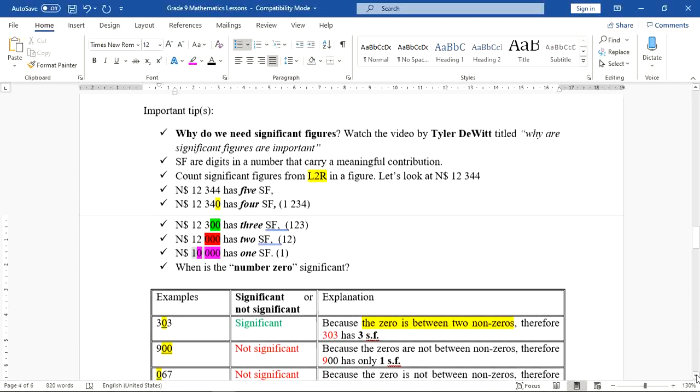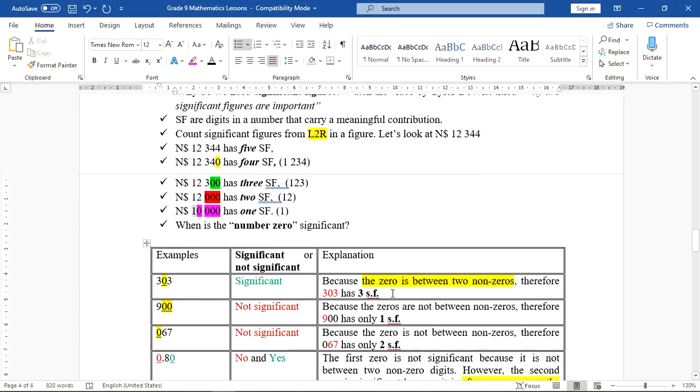We learned that 0 is only significant if it's between two non-zeros, like in 303. This 0 in yellow is significant because it's between two non-zero digits. But these two zeros in 900 are not significant because they do not obey this first law. Also this 0 in front of 6 and 7 is not significant because it does not obey this.